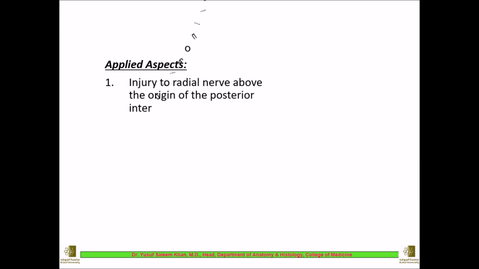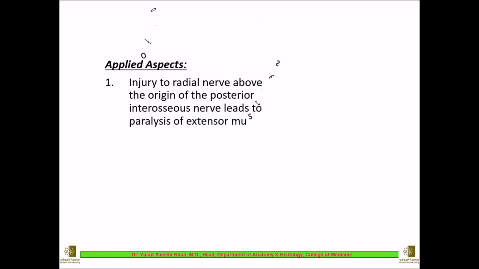So finally, coming to the applied aspect, one of the most important is the injury of the radial nerve. Whenever there is injury to the radial nerve, especially above the origin of the posterior interosseous nerve, it leads to paralysis of all the extensor muscles of the forearm, because the posterior interosseous nerve supplies most of the muscles of the posterior compartment of the forearm.